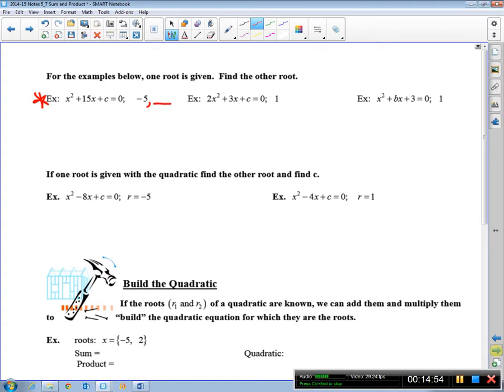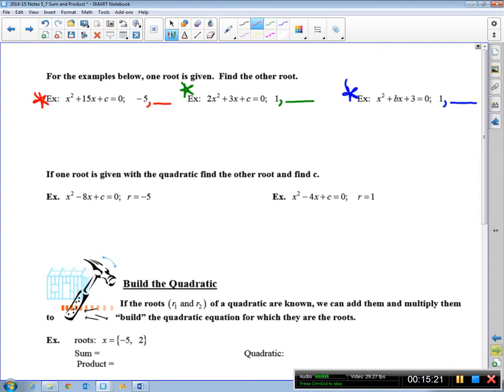In the second example, 1 is given. Find the other root. And in the third example, 1 is given, find the other root. So what in the world are we going to do? We have the quadratic and 1 root. Now you have to be a detective.